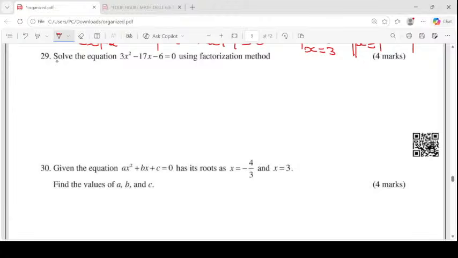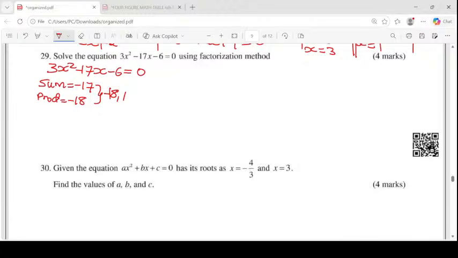So when you have 3x squared minus 17x minus 6 is equal to 0, I'm going to look for two numbers such that the sum will be negative 17 and the product will be negative 18. These particular two numbers are negative 18 and 1.